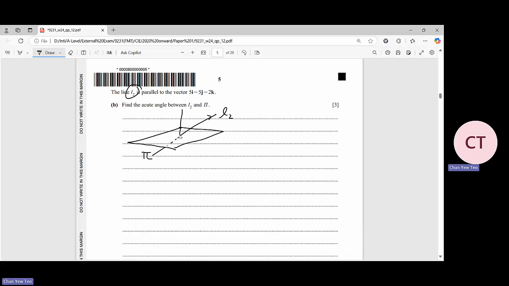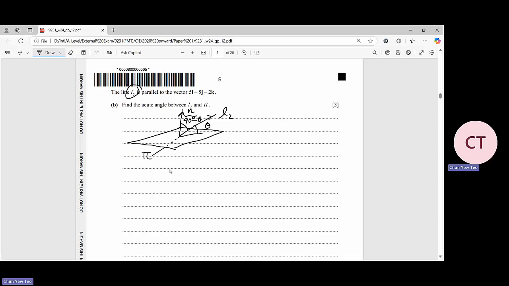We have the normal vector for the plane, n. If you do the dot product, you will get the angle theta over here. But the angle between the line and the plane is actually 90 degrees minus theta. Or maybe we can say that the angle over here is theta, and this one will be 90 degrees minus theta.